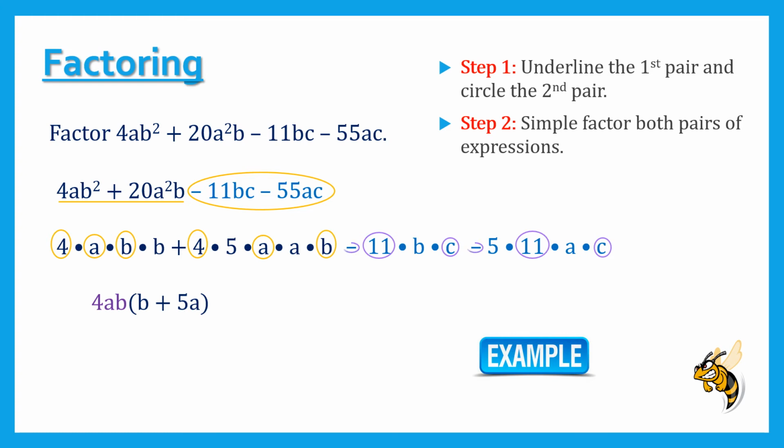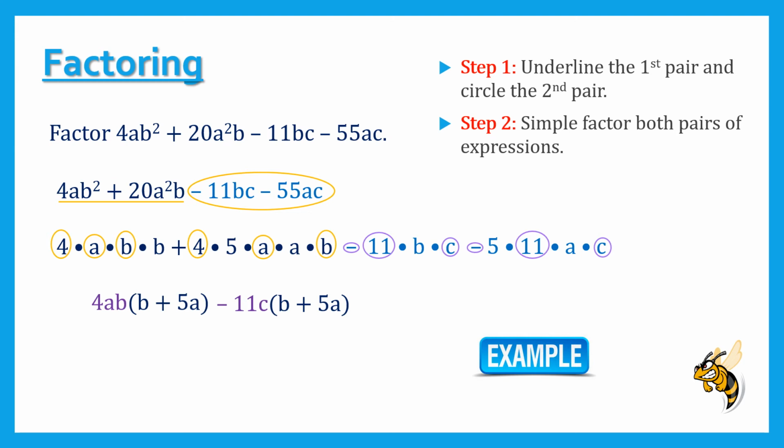They both have a negative sign in common. So now that the sign is circled between them, we need to use a plus sign to separate them. So my greatest common factor for the second pair is negative 11c, followed by b, and to go to the second part of the term, it will be plus 5a.